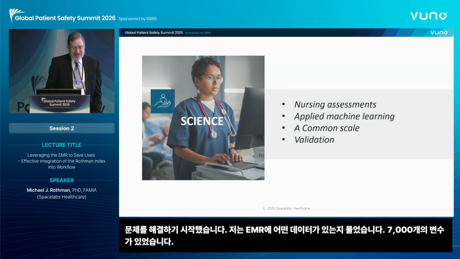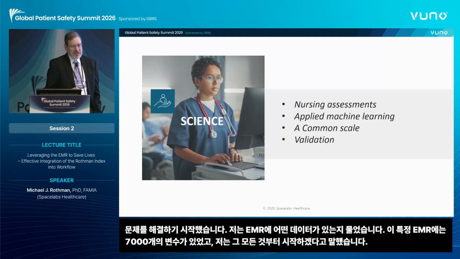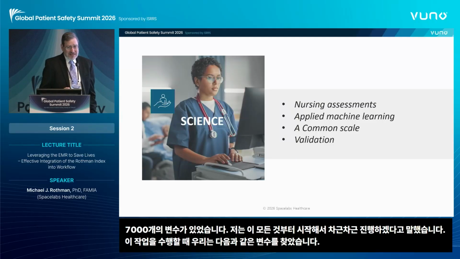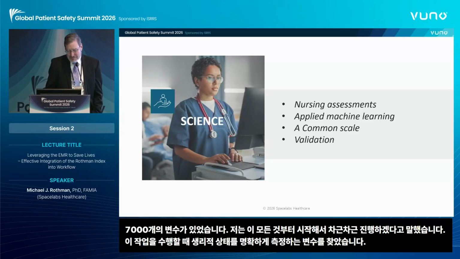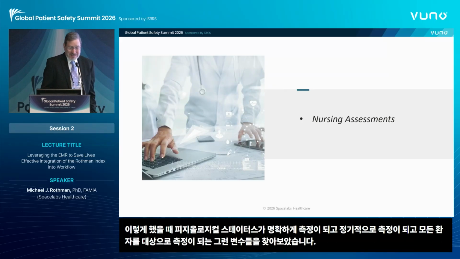When we did this, we looked for variables that were clearly measuring physiological status, that were measured on a regular basis, and that were measured for all patients. And one of the things we came across was this thing called a nursing assessment. I didn't know what a nursing assessment was.